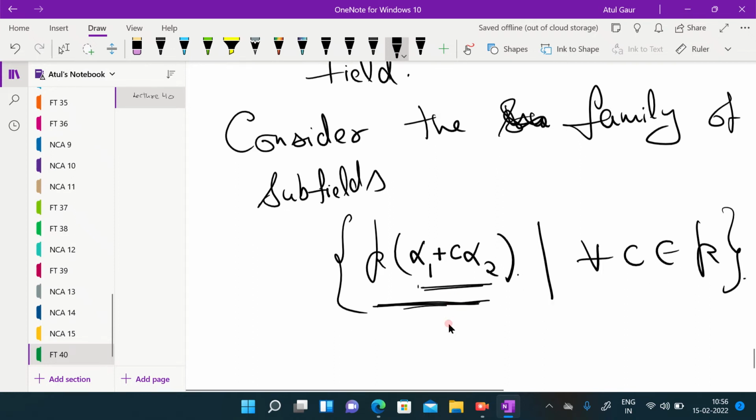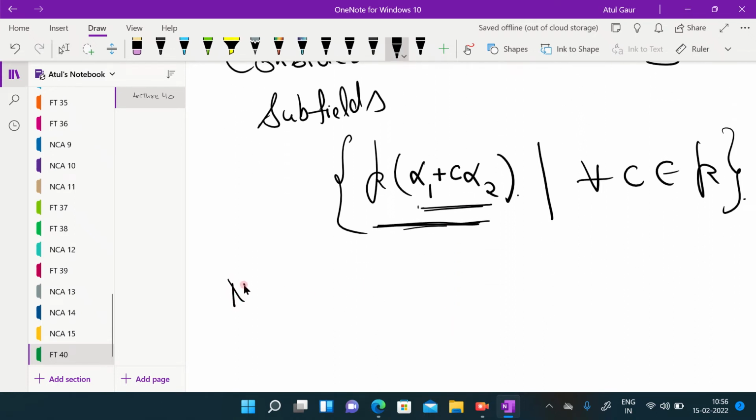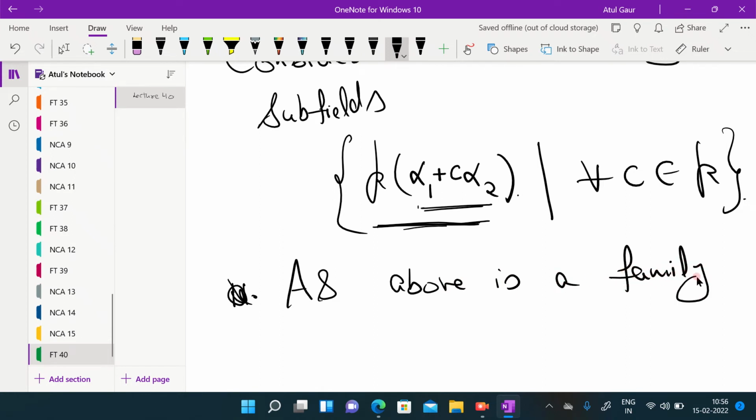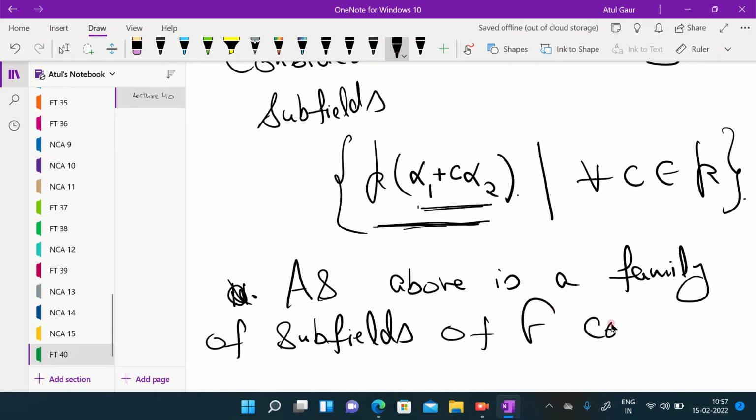So it's a family of subfields, as above, a family of subfields of F containing K, that means in between F and K. But the assumption is that there are only finitely many subfields, and K is an infinite field.